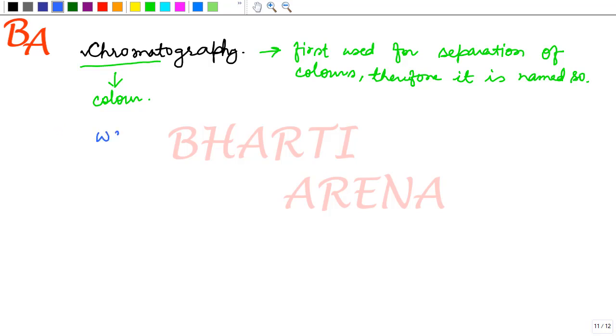Means if the solvent is water and there are two components, let them be A and B, and these two components must be soluble in water, then we can use this technique, chromatography. Always keep in mind that those components can be separated by chromatography which are soluble in a common solvent.